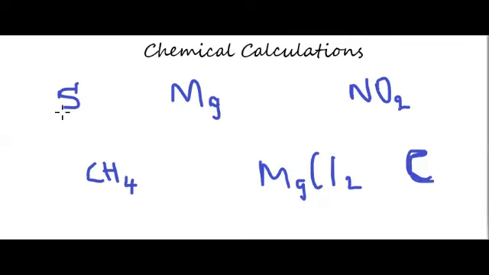This is sulfur, and purely, the particles present in pure sulfur are atoms. Magnesium is a metal arranged with atoms.